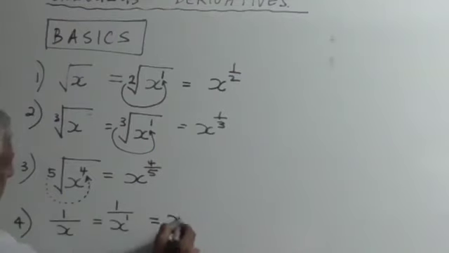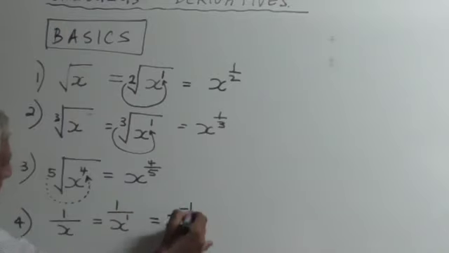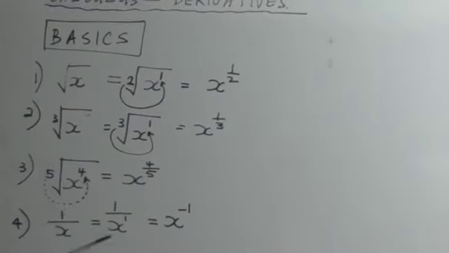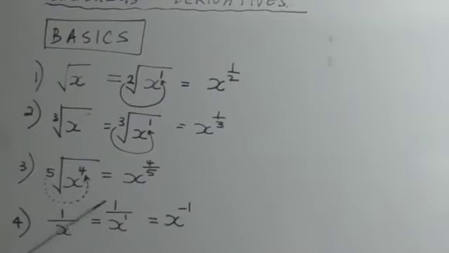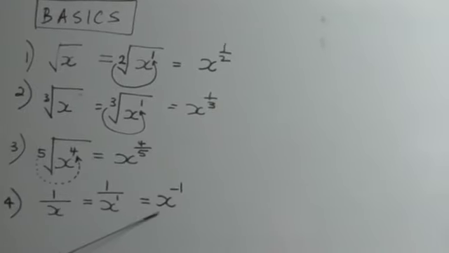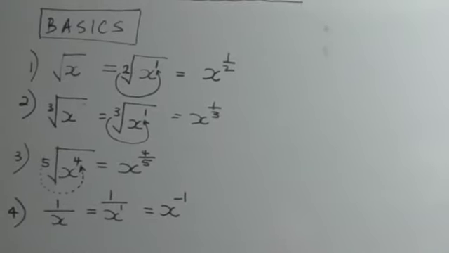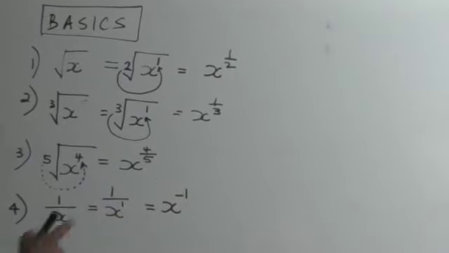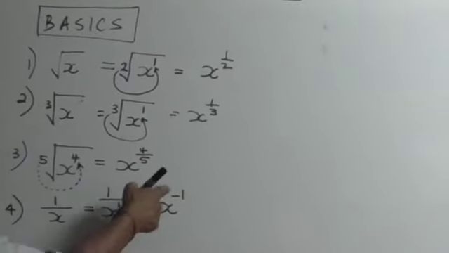So you rewrite this as x to the minus 1. This you learnt in laws of exponents. We are working in reverse now. So you must remember that 1 over x will be rewritten as x to the minus 1. If this is positive here, it becomes negative there.